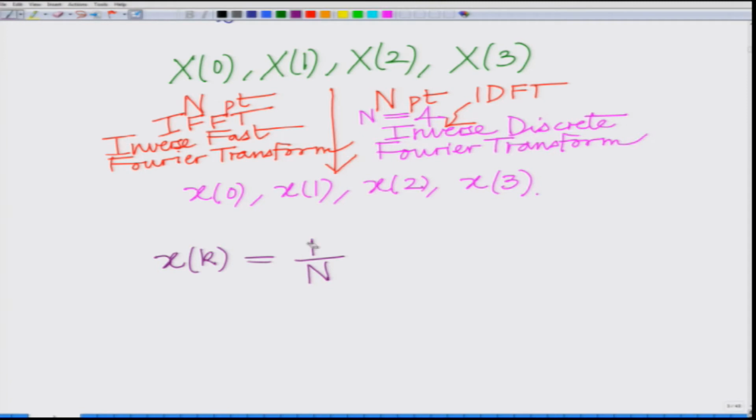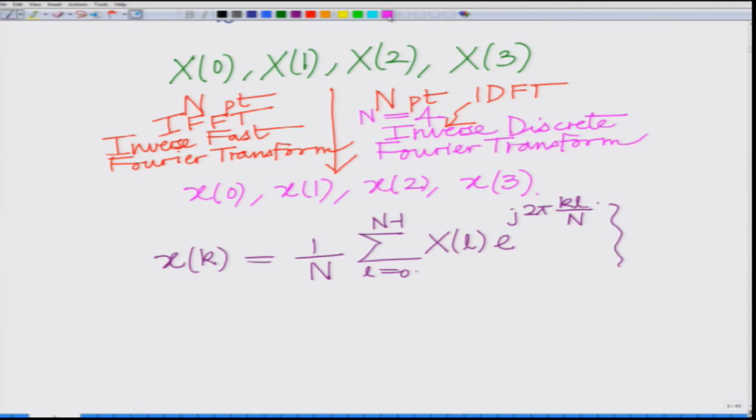As you know, this is given as 1 over N summation L equal to 0 to N minus 1 capital X L e to the power of j 2 pi k L divided by N. This is the expression for the IDFT, which you should be familiar with, now setting N equal to 4.